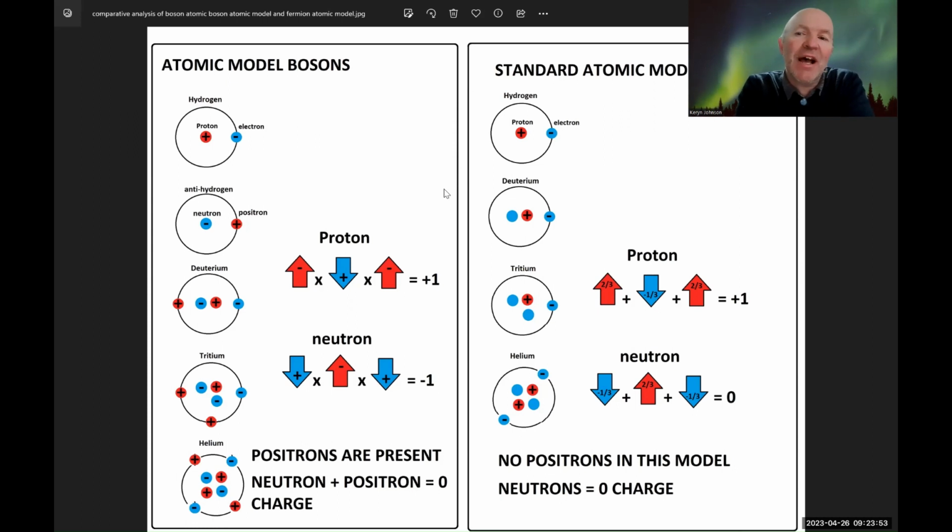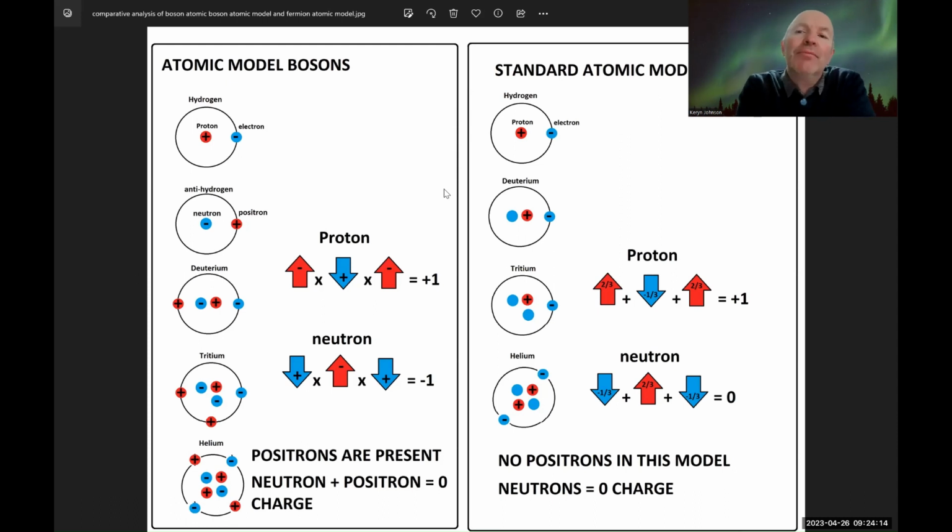And because they are able to be reconnected together, whereas the standard model of fermions and their proton-neutron calculations based on fractions and based on adding, that model cannot be reconciled between the atomic model and the cosmological model.